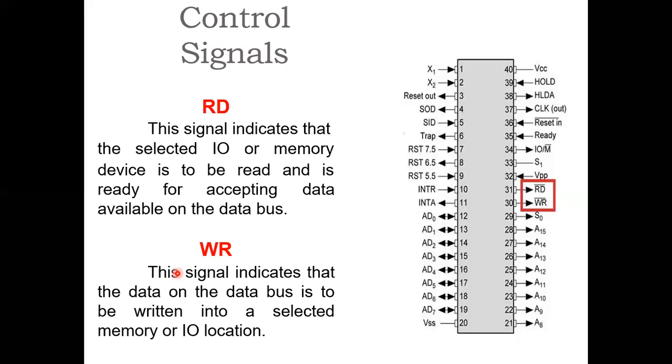The WR signal indicates that the data on the data bus is to be written into a selected memory or input output location. Read and write are always sent along with the control bus, from the microprocessor to the memory device or input output. This is the main control signal of the 8085.